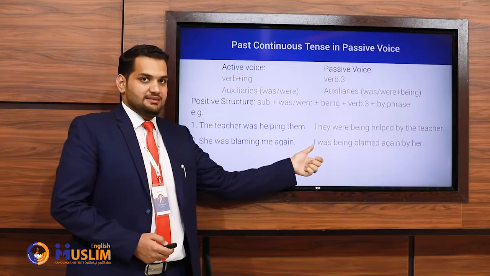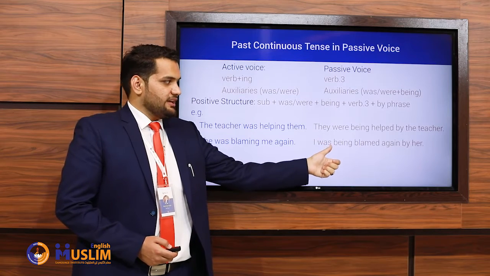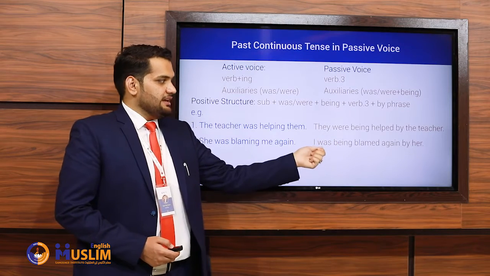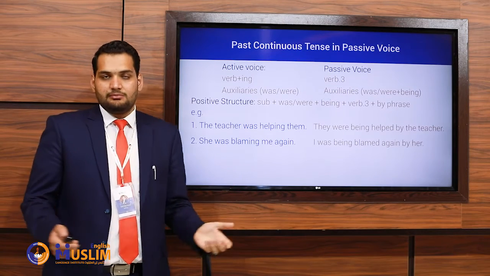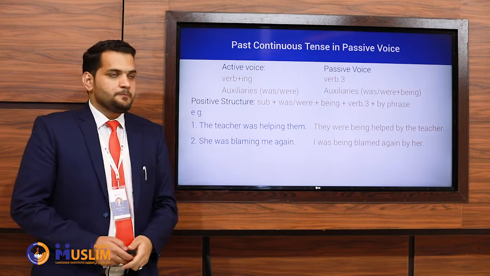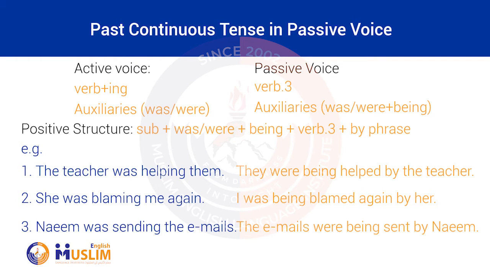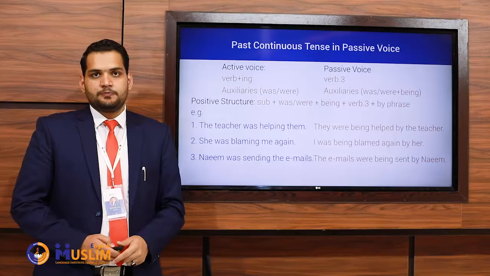Once again, I is the subject, was being is the helping verb, blamed is verb 3, again is the complement, and by her is the by phrase. Number 3, Naeem was sending the emails. The passive voice is the emails were being sent by Naeem.